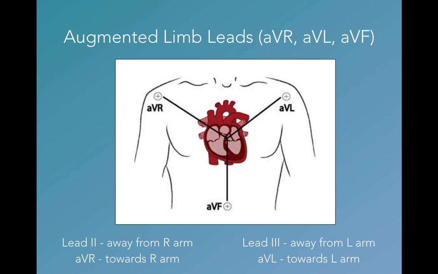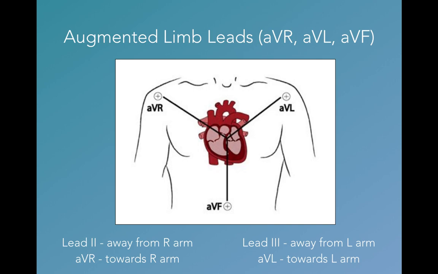So now, instead of saying that lead 2 is positive on the foot and negative on the right shoulder, now AVR is viewing it from the right shoulder. So if you look at a 12-lead EKG and you look at AVR, you're going to see that the lead is recording negative or downward deflections. And this makes sense because if you remember the vector that I showed down and to the left, that's the complete opposite of where the positive electrode is.